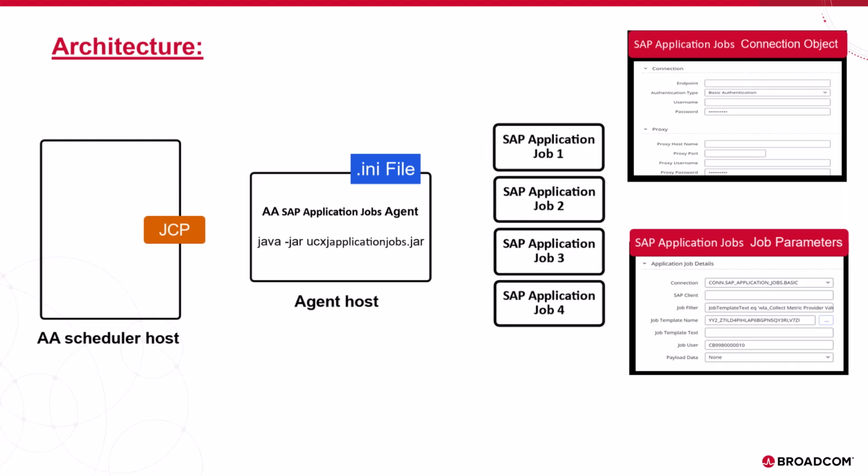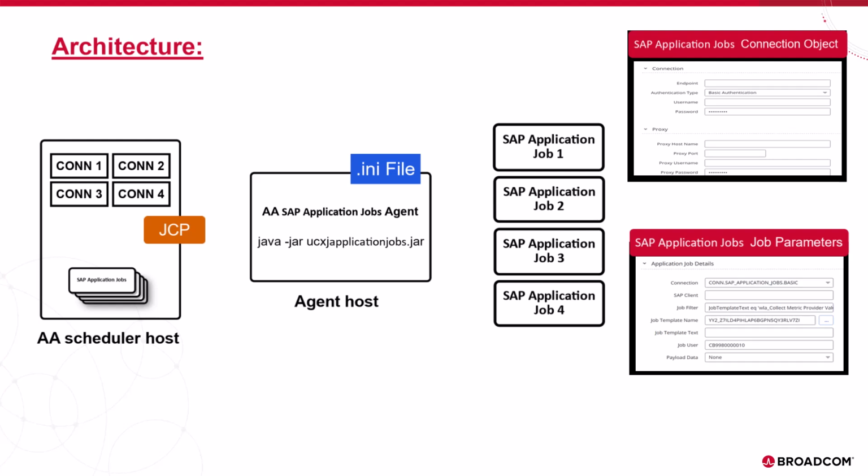We create a connection object in Automic Automation for each instance by duplicating the con template for each of these instances. Lastly, we create the SAP Schedule Application Jobs in Automic Automation for each corresponding process in SAP Application Jobs. The Automic Automation jobs include the connection object based on the target system.